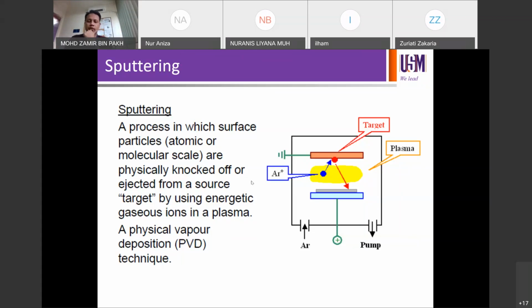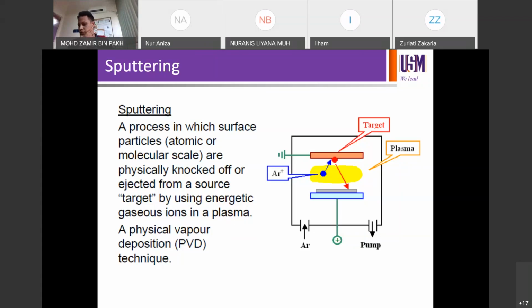The plasma here that we use is argon, so it's argon plus. You need to inject argon gas into the chamber and then apply electrical supply to the argon to initiate formation of plasma. Plasma is ionized gases, right? You strip off an outer electron from the argon, then you get argon plus, and argon plus is the plasma that you use for the sputtering process.